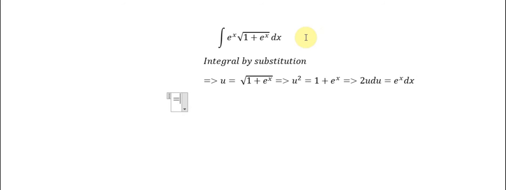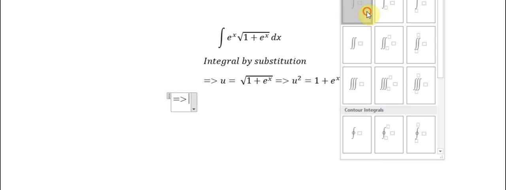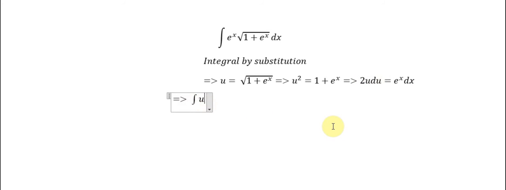Now we can do the substitution here. We have the square root here, which we change to u. We have e^s ds, which changes to 2u du. And we get 2u^2 du.